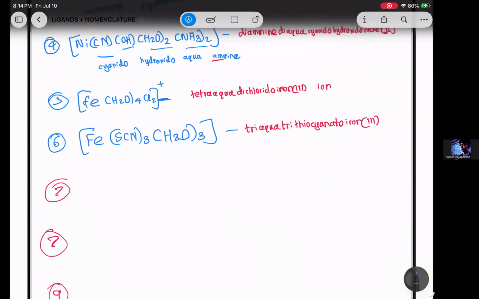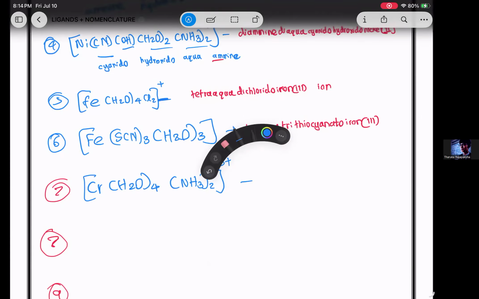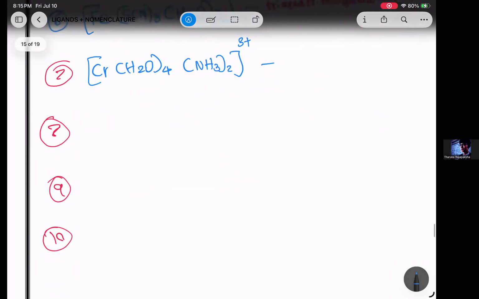Let's say you have... I will give the other three. I will give the other three to the other direction. I'll give you the name. You have to convert it to the compound. Hurry.